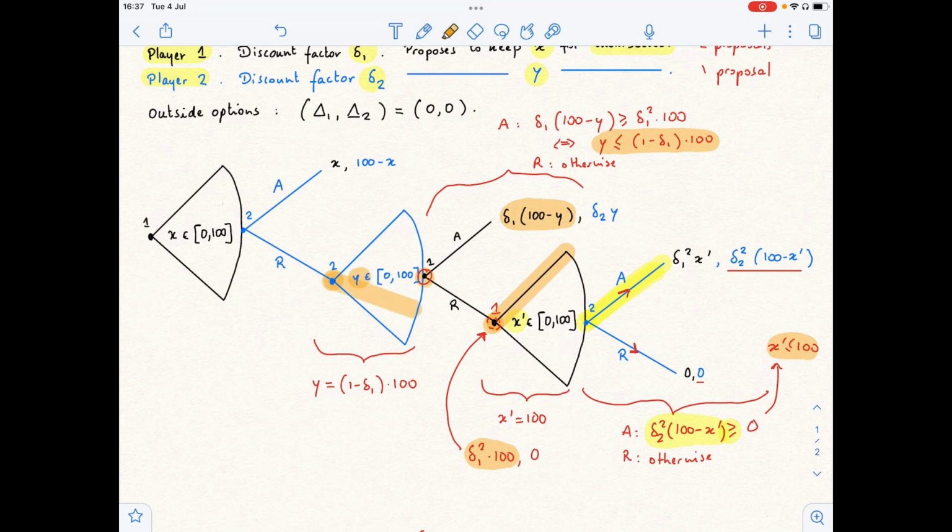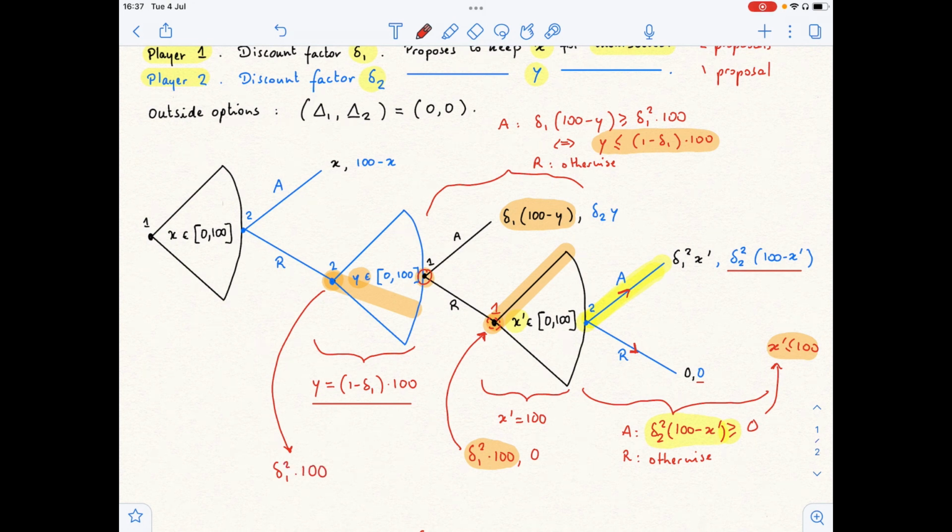If we follow this structure, the payoff at this decision node would be exactly: player 1 gets delta 1 times 100 minus y, with y being equal to 1 minus delta times 100, which is exactly delta 1 squared times 100.